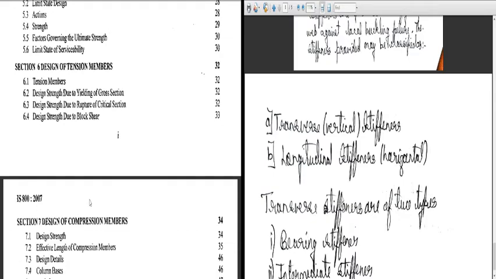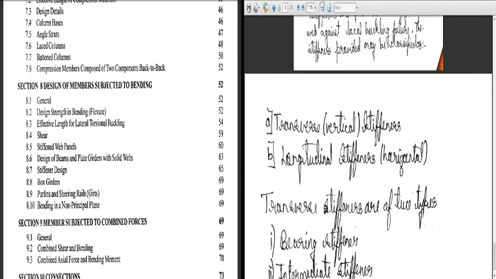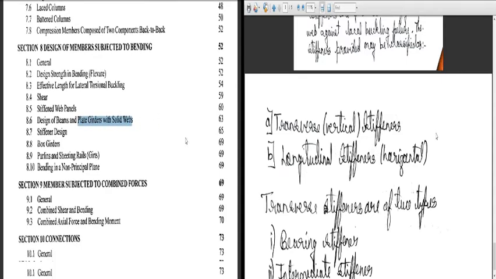Now let us see about the plate girder. Here you can see in section 8, design of members subjected to bending, we have regarding the plate girder, design of plate girder with solid web. So let us go there.